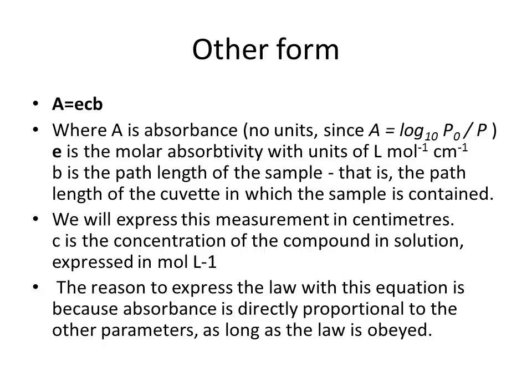The other form of Beer-Lambert's law is A equal to epsilon C b, where A is absorbance, with no unit, since A equals log 10 P naught by P. P naught by P is another form of absorbance; we can use the previous one also, I naught by I. Epsilon is the molar absorptivity with units of L mole to the power minus 1 centimeter to the power minus 1. b is the path length of the sample, that is, the path length of the cuvette in which the sample is contained, and we express this measurement in centimeters.